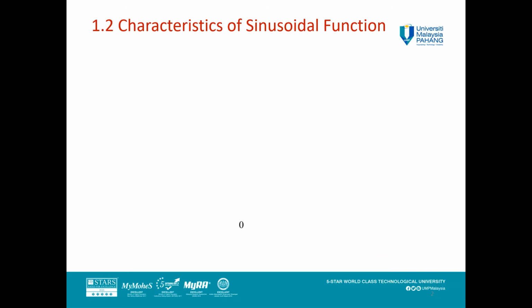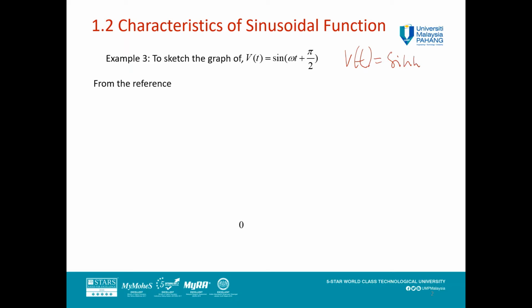To sketch the graph of v(t) equals sin omega t plus pi over 2, or we can write the equation as v(t) equals sin omega t plus 90 degrees.